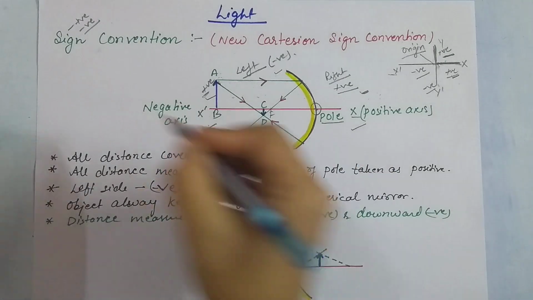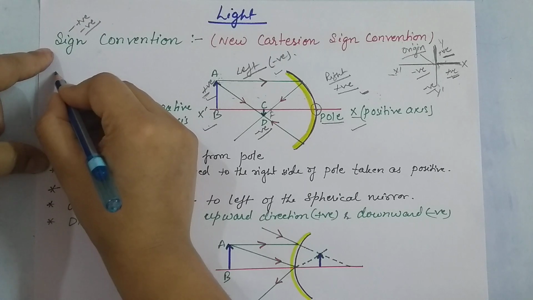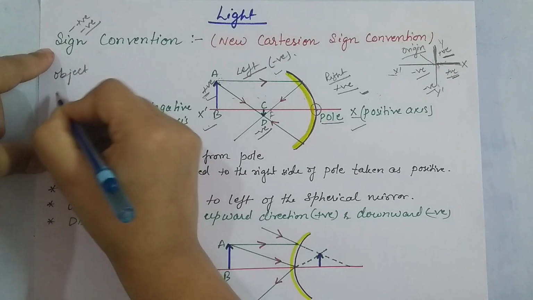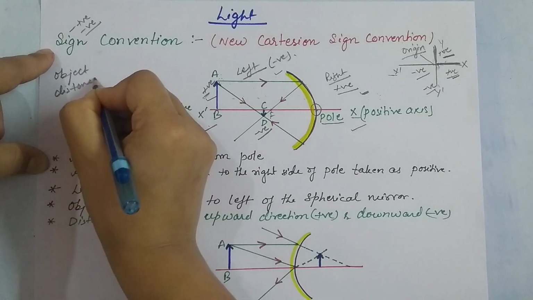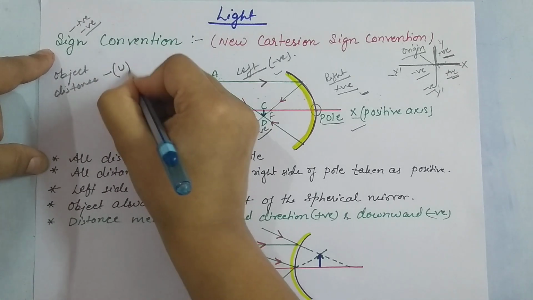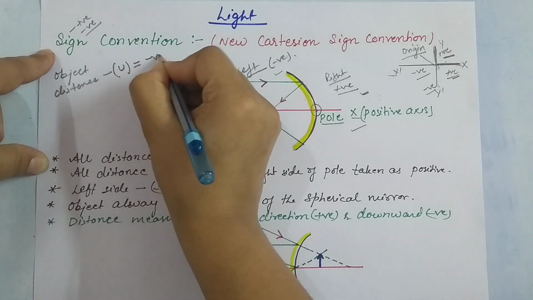So we can say that in a concave mirror the object distance, denoted as u, is considered negative.